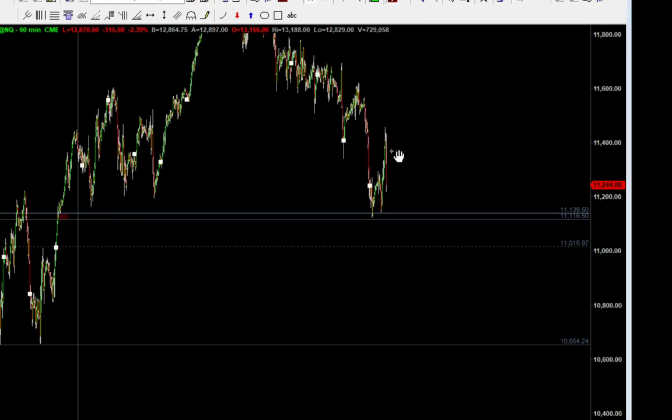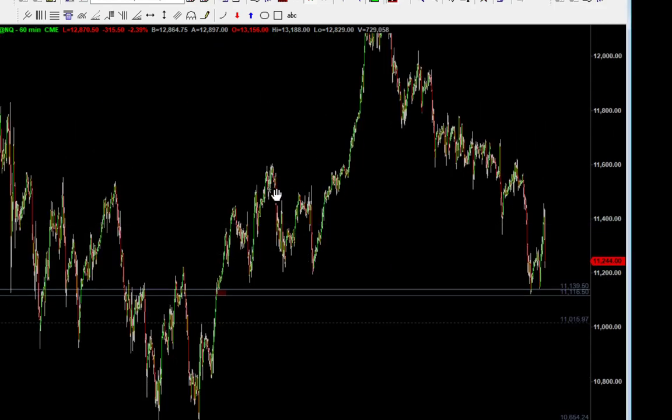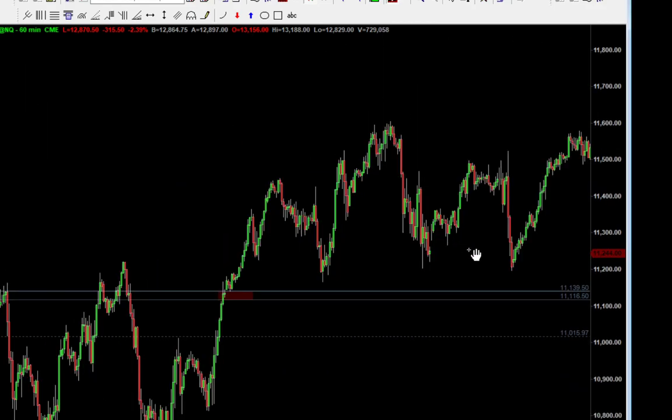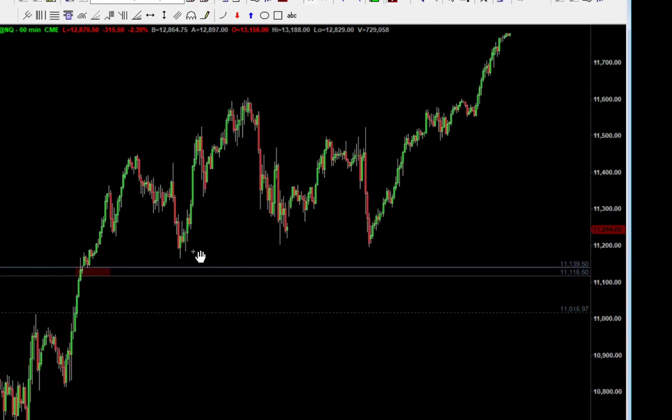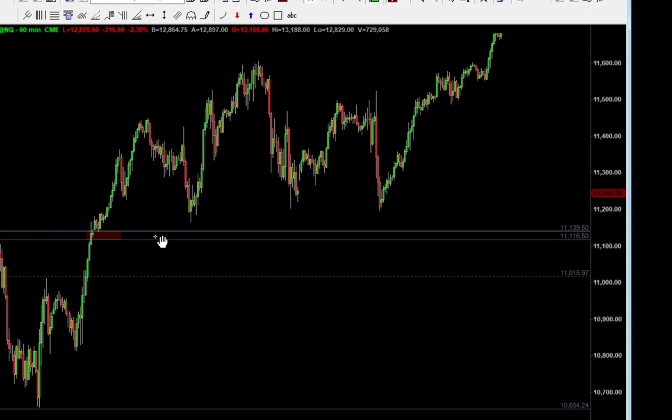If we escape for a moment, zoomed out, I know you can't see very well, but there's a range here. It's a range. And we want zones on the outskirts of the range. These extensions of the range, the furthest part, is kind of playing off of this level, but I'm looking for the fresh level that's untouched outside of this range.